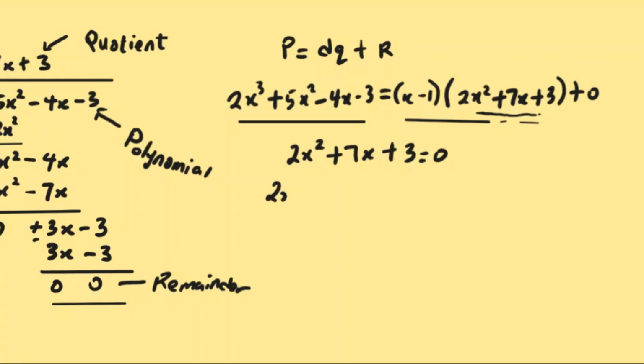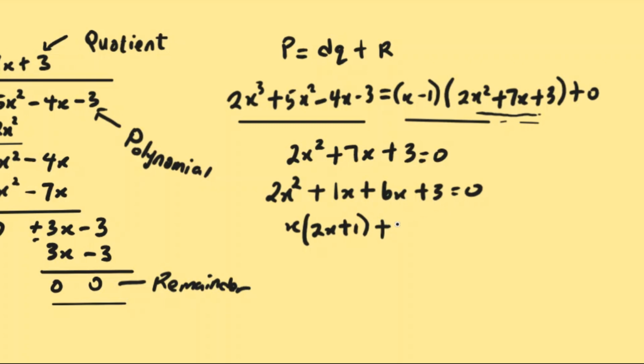So using factorization, 2x squared plus 1x plus 6x plus 3 is equal to 0. If we factorize x out, this will be 2x plus 1. If we factorize 3 out, this will be 2x plus 1 is equal to 0.